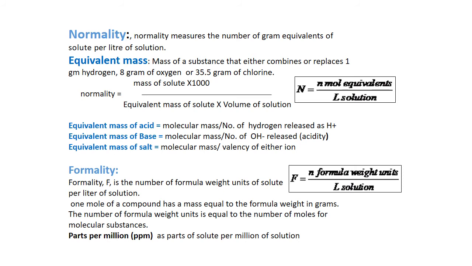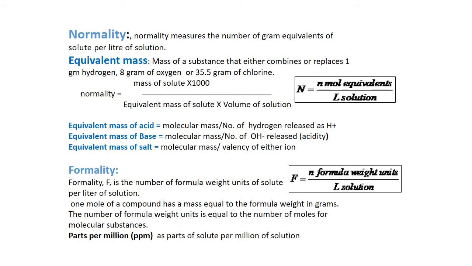Normality. One more term is there, normality, and it is defined as the number of gram equivalents of a substance or solute per liter of the solution. Gram equivalent means, first we must know the equivalent weights, equivalent mass, and then we can understand the normality.